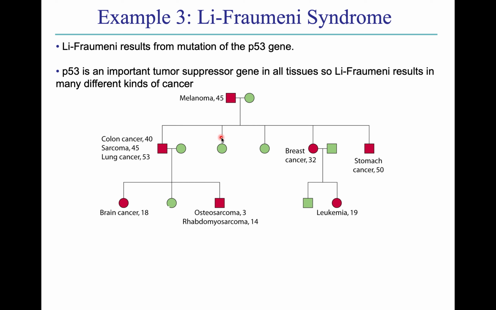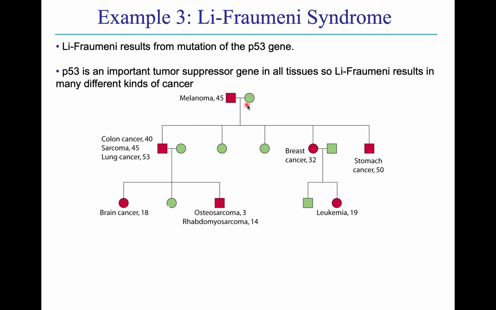So the third example I'm going to give you, called Li-Fraumeni syndrome, is a result of mutations in another tumor suppressor gene, p53, which you may remember is linked to triggering apoptosis in response to DNA damage. And it turns out p53 is expressed pretty highly in lots of different tissues. So if you inherit a p53 mutation, there's a good chance that you could develop cancer in pretty much any tissue in the body.